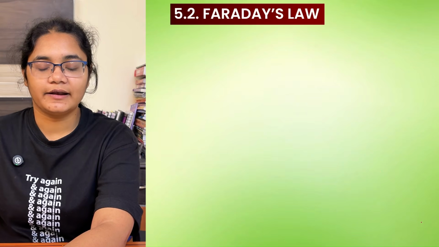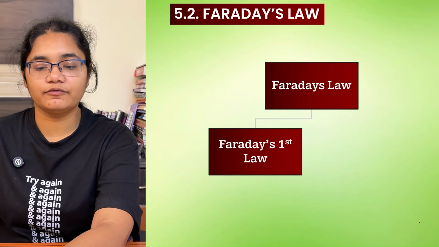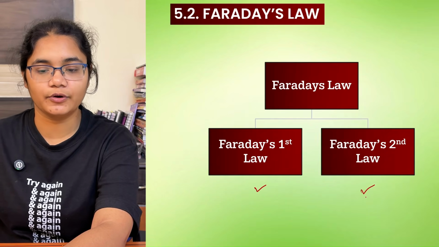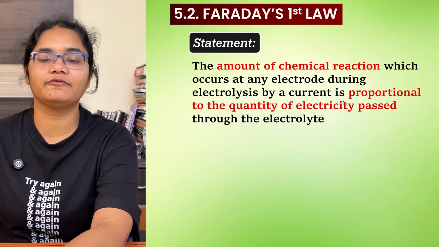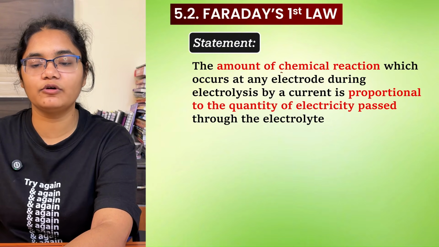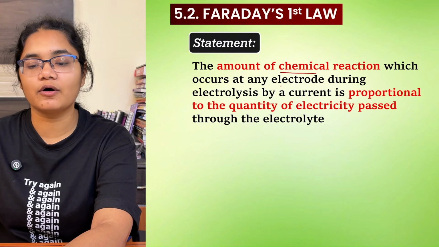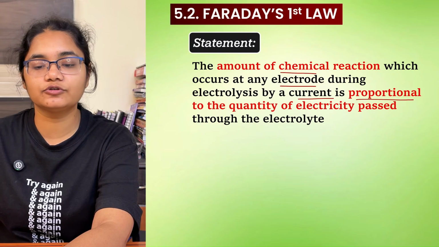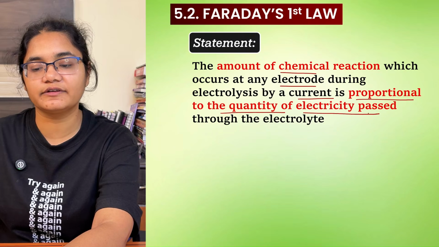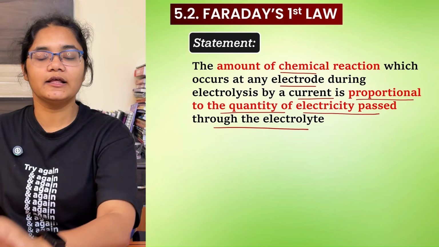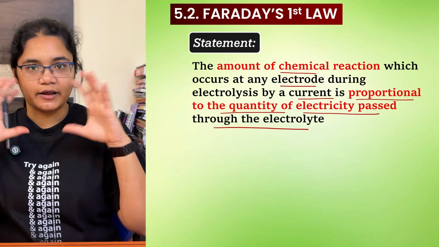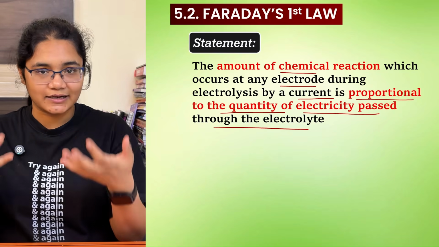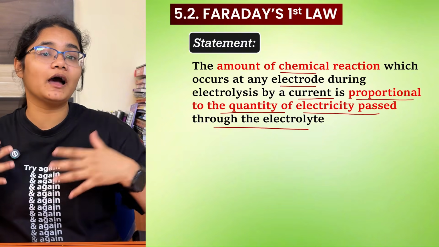Next, we'll talk about Faraday's law. We have two types of Faraday's law, Faraday's first law and Faraday's second law. Faraday's first law states that the amount of chemical reaction which occurs at the electrode during electrolysis by a current is proportional to the quantity of electricity passed through the electrolyte. So in an electrolytic cell, the chemical reaction that is happening is proportional to the amount of current.